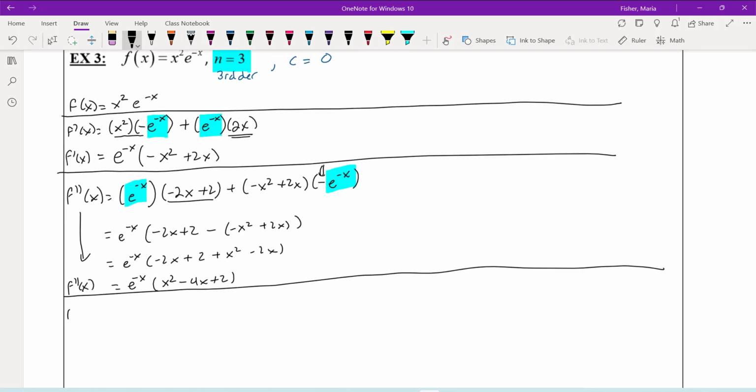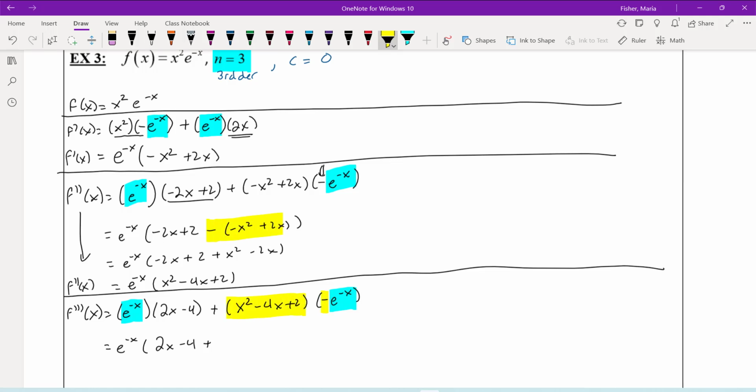The third derivative, we're still using the product rule, is going to be the first times the derivative of the second, which is 2x minus 4, plus the second, x squared minus 4x plus 2, times the derivative of the first, which is negative e to the negative x. If I again factor out an e to the negative x, I have 2x minus 4 left from the first one, and here remember it's going to be a negative in all those, so we just end up having to switch the signs.